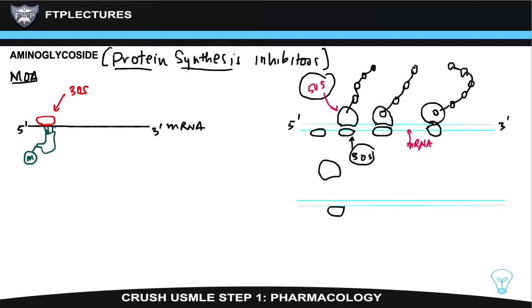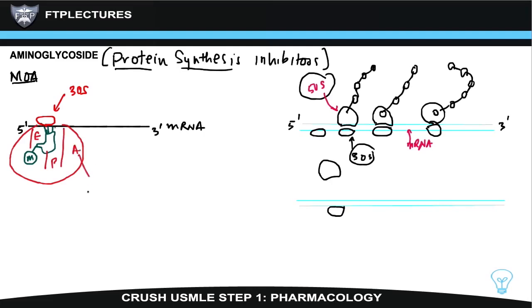However, the 50S subunit has to come over right there. 50S subunit, which has 3 sites, okay? It's an E site, a P site, and an A site.